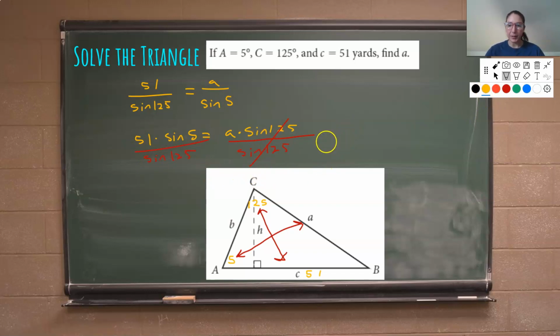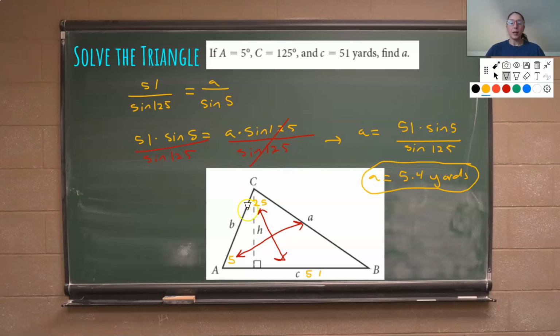Little a is equal to 51 times sine of 5 over sine of 125. That brings little a to equaling 5.4, and this is in yards. I'm just rounding to the nearest tenth.